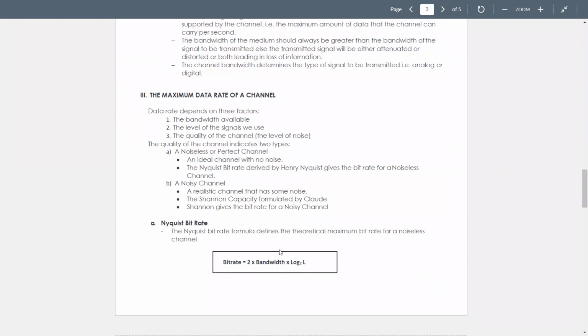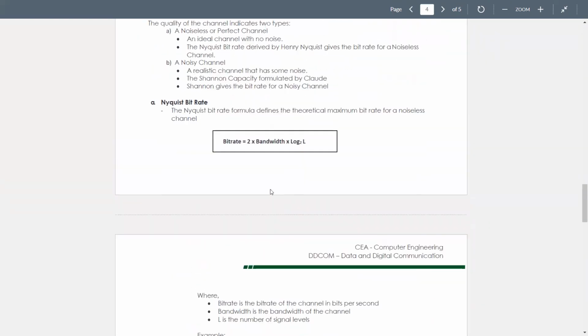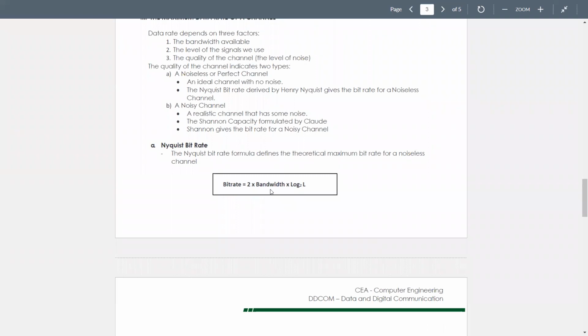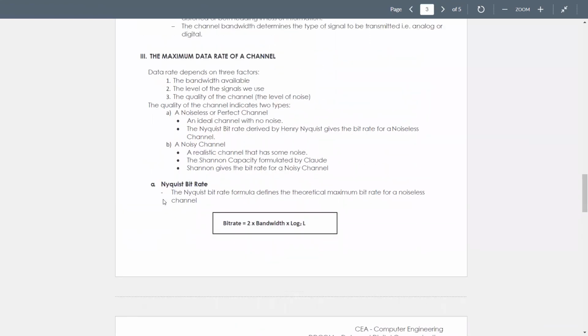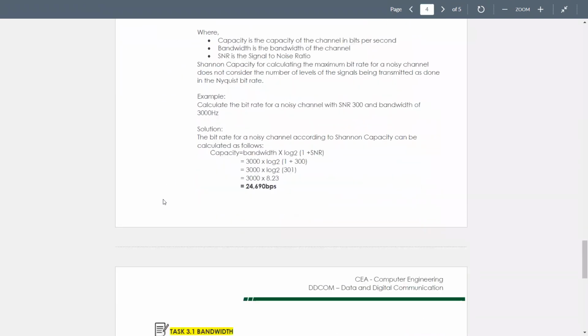I just showed you this, but you don't need to memorize it in detail unless you will be working on the network. Even then, at least you know the Nyquist bit rate and the Shannon capacity.